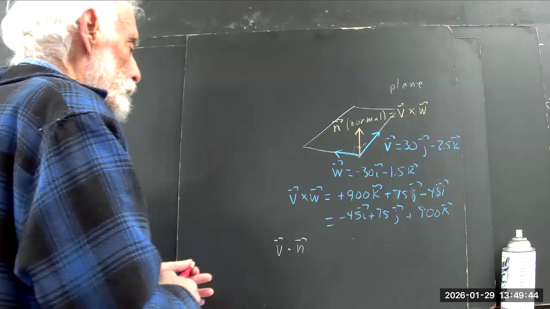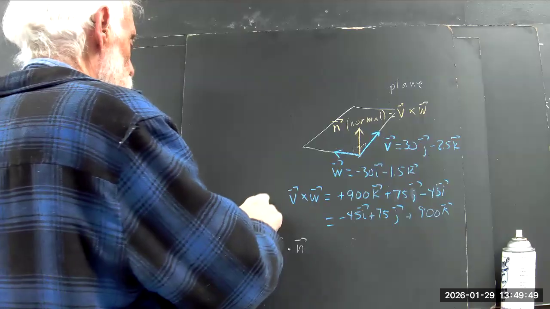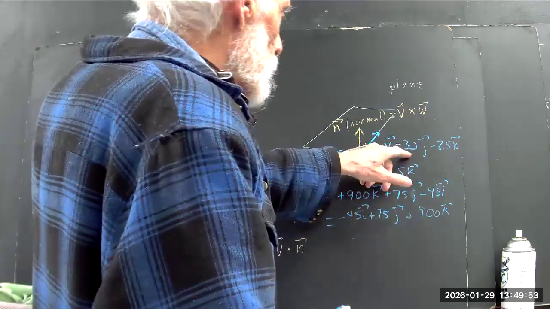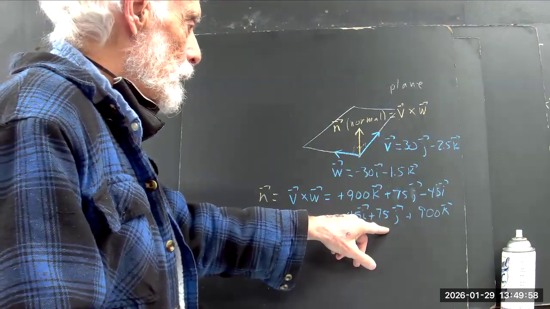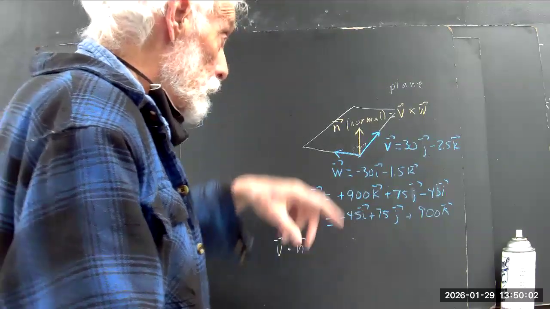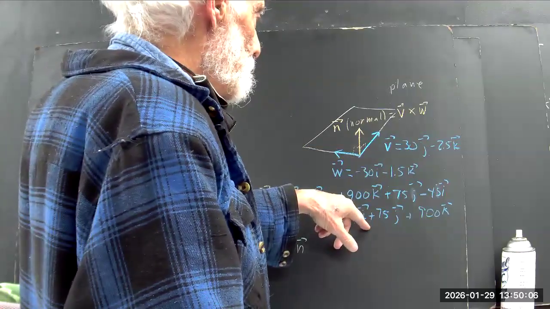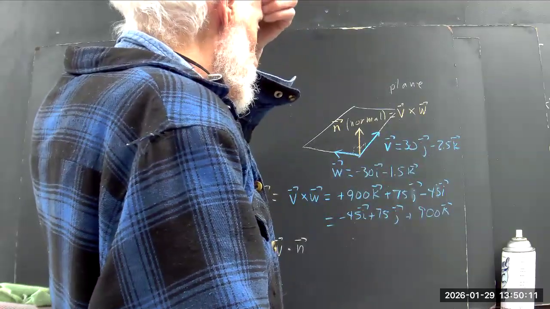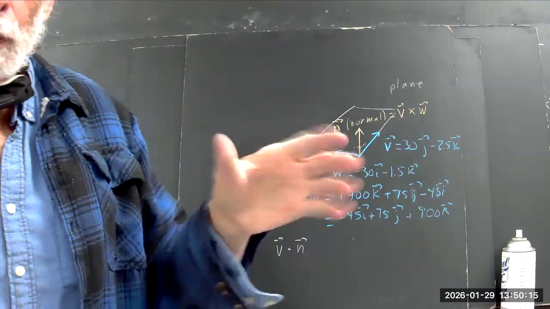But V dot the normal vector, so this is the normal vector. 30 times 75 is 2250, and negative 2.5 times 900 is negative 2250.